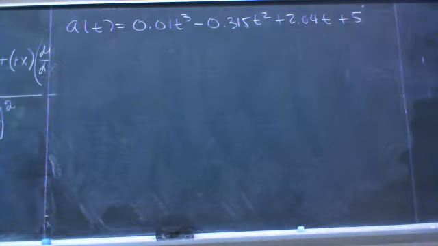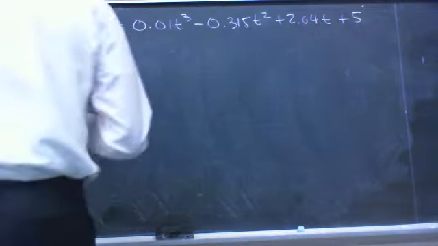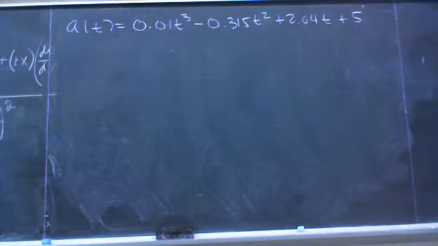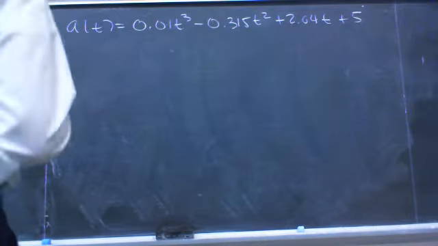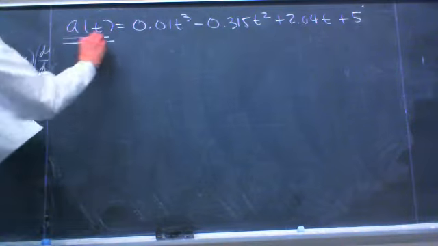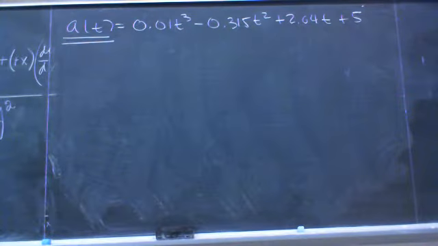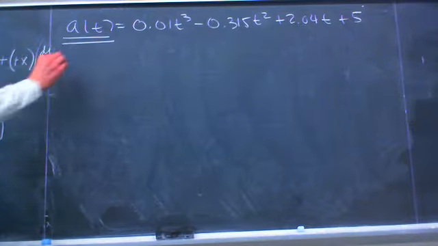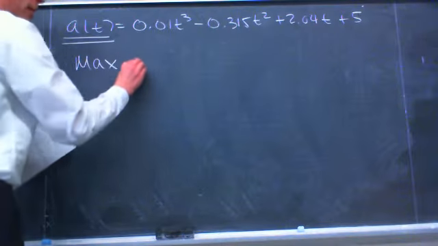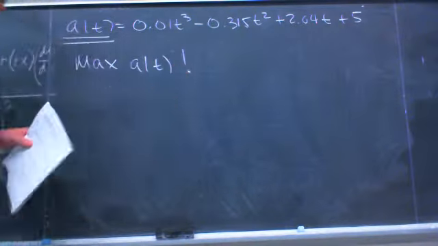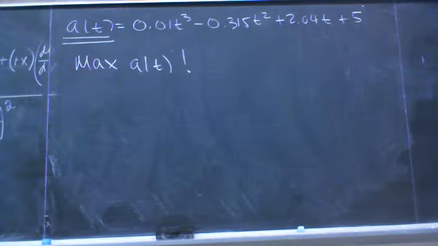For what value of t is the activity level the highest? So if this determines the activity level of the lizard, then this is what we want to maximize.